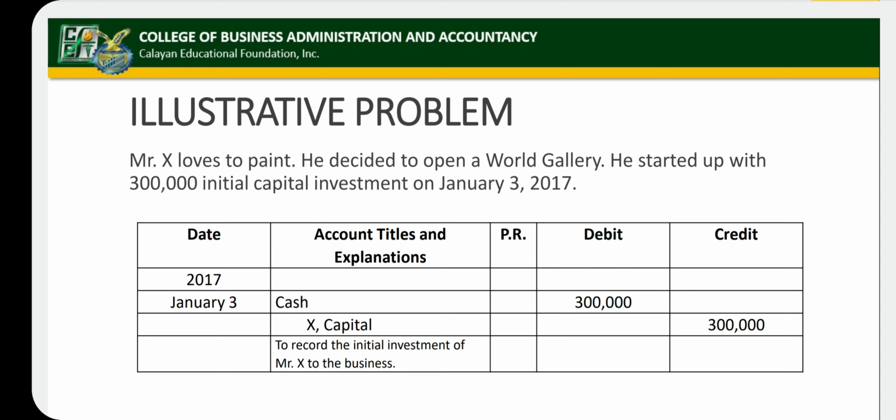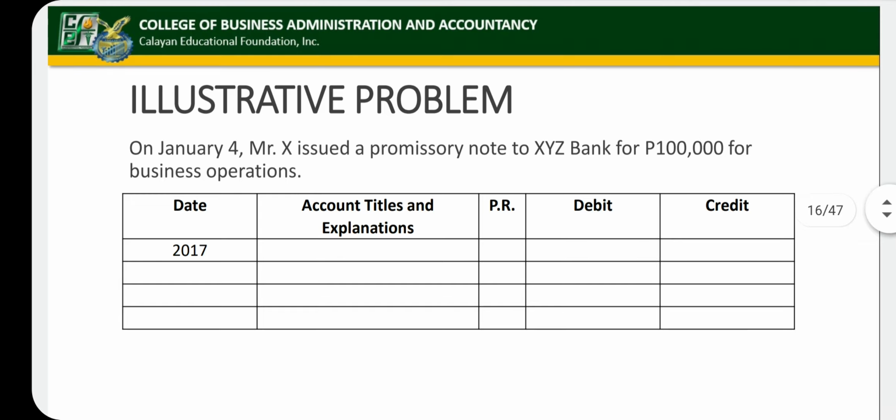Okay? So, for the next transaction, on January 4, Mr. X issued a promissory note to XYZ Bank for 100,000 pesos for business operations. So, Mr. X borrowed money from a bank. Okay? So, when we borrow money, a liability will increase.